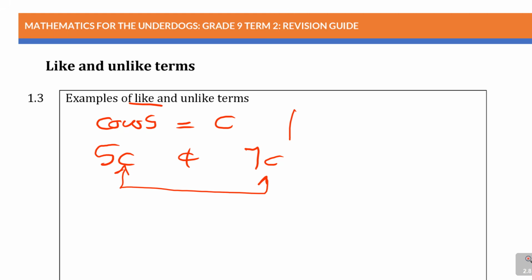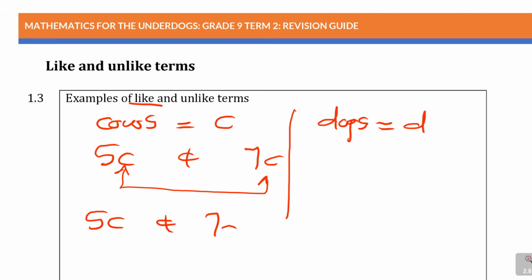But now let's use another animal, dogs, is D. So let's say one has got 5 cows and the neighbor has got 7 dogs. Now the question is, are these like terms? No, we are dealing with cows and you're dealing with dogs. Hence we say these are unlike terms.